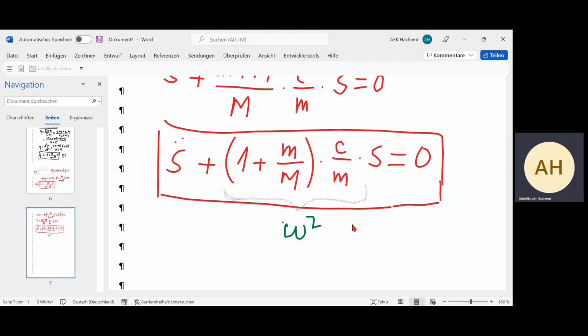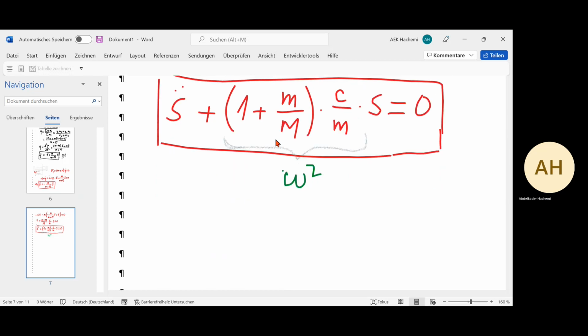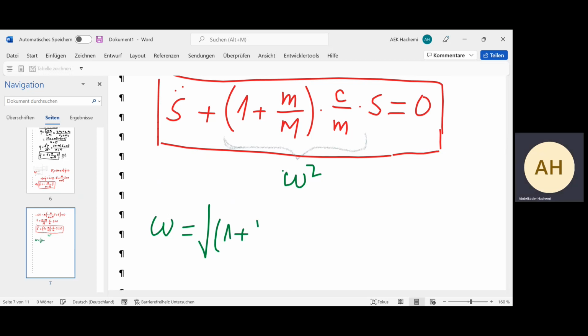Then it means here we can say that omega is the square root of 1 plus small letter m divided by capital letter M, multiplied by C divided by small letter m.